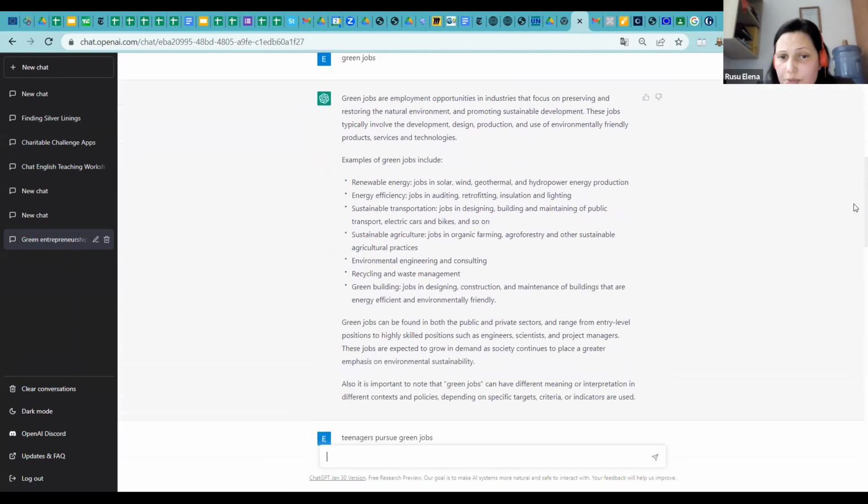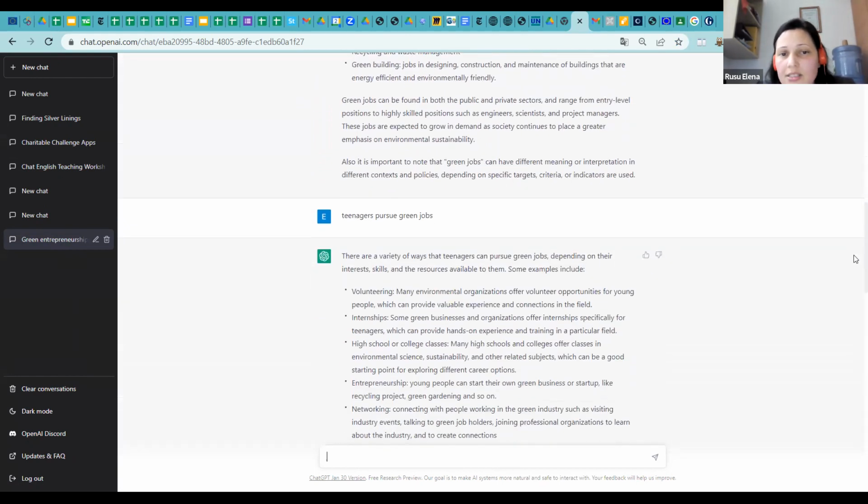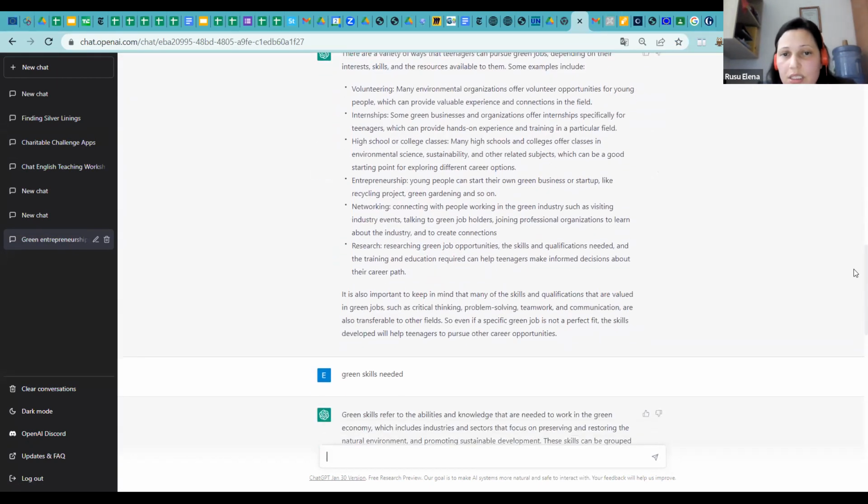What kind of green jobs can be brought as a topic to the students? Then teenagers and green jobs. And I looked for the content on why the teenagers would like to continue learning in order to become workers in the field of the green economy.